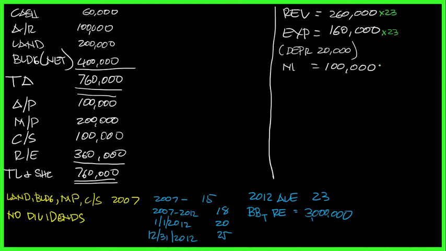So shortcut mo ito, 23. Diba? May mga calculator naman kayo. I'm sure kaya-kaya yung i-multiply yan. And this one will now become 2,300,000.